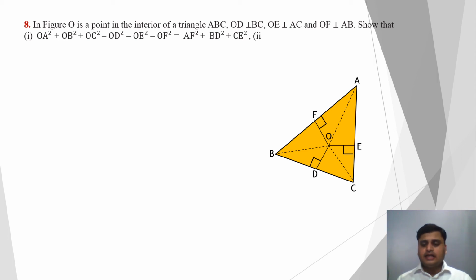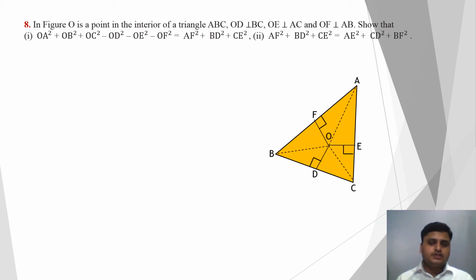And the second part that we need to show is AF square plus BD square plus CE square is equal to AE square plus CD square plus BF square.